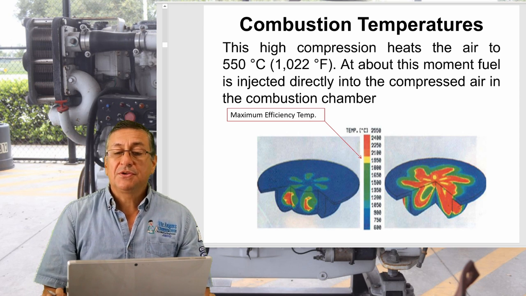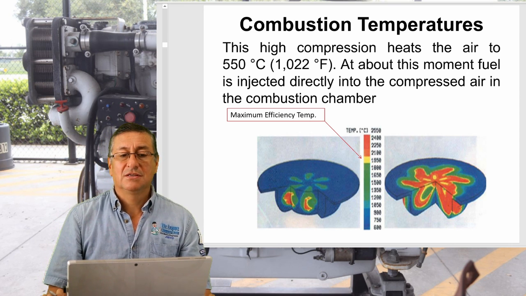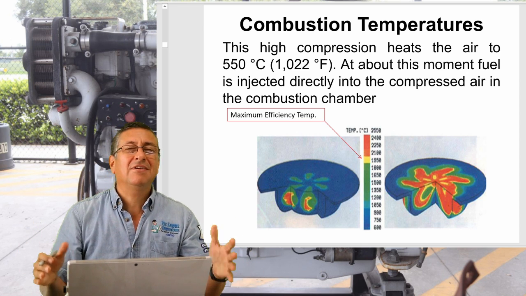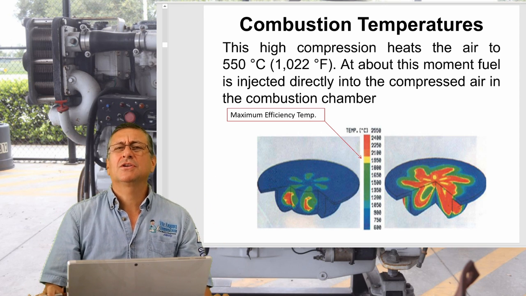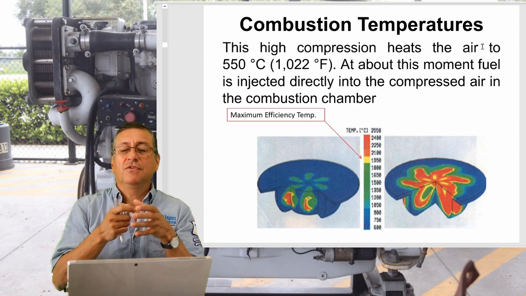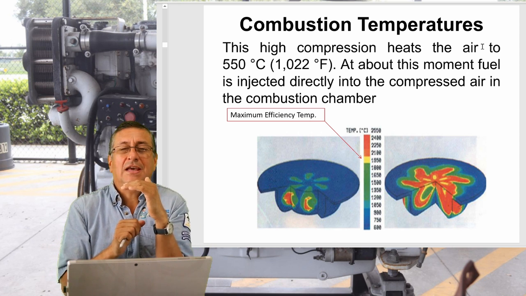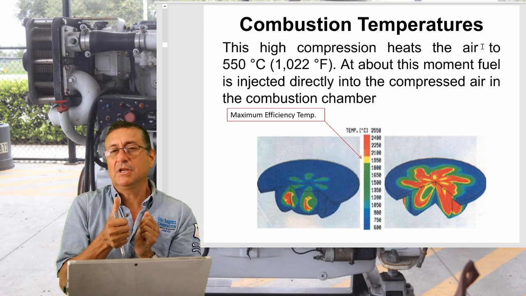The high compression heats the air in diesel engines to around 1025, 1075 maximum degrees Fahrenheit. Depending on the manufacturer, the compression, and the seal of the rings on the piston, if the combustion chamber is hermetic, the temperature is higher.